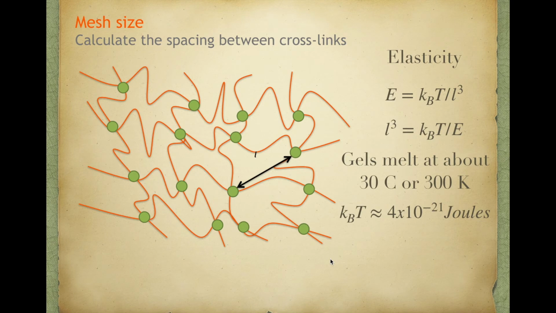As with other materials, you can measure the elasticity. We will measure the elasticity from the data that I will give you. You can calculate the elasticity, and then from that calculate the connection spacing, where the tangles of the different polymers are, and how far apart those tangles are on average.